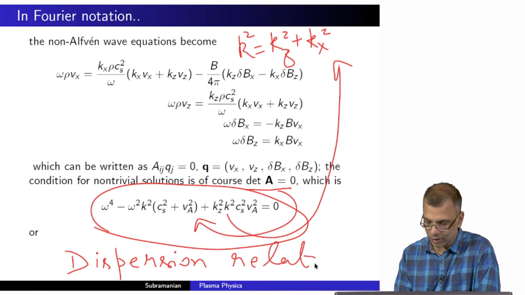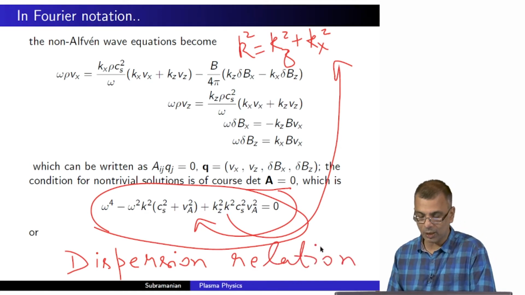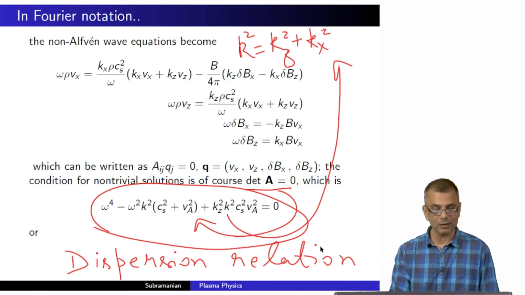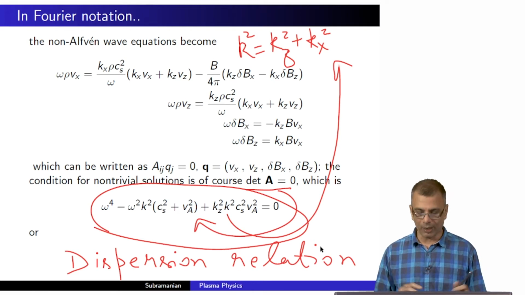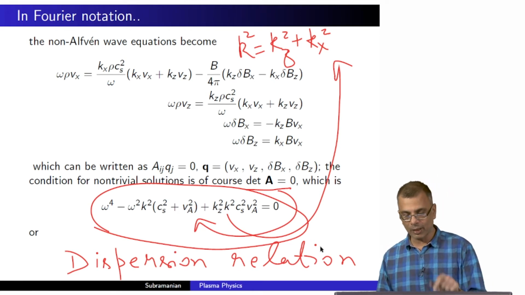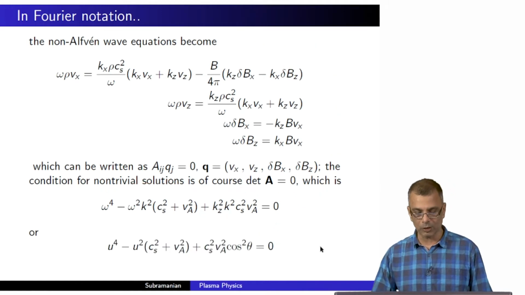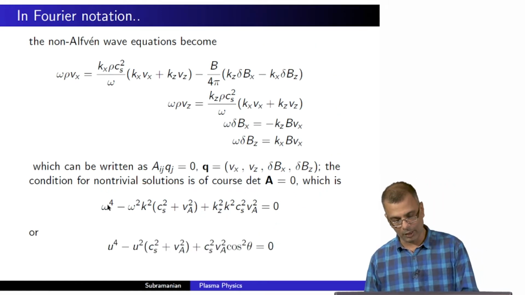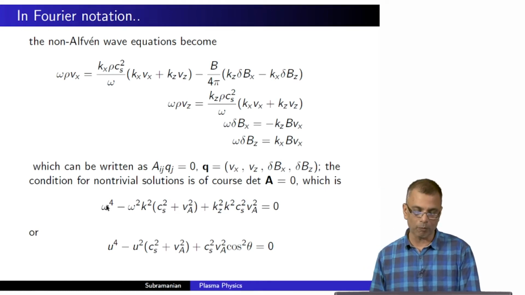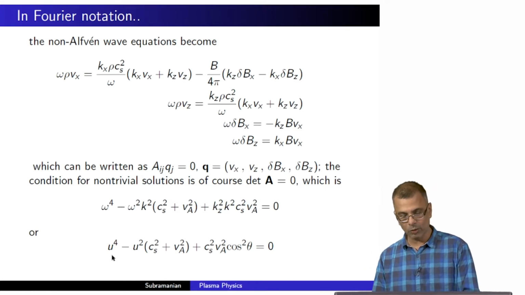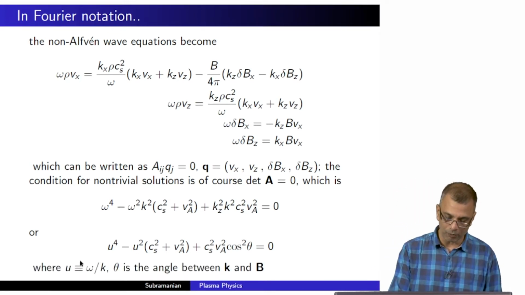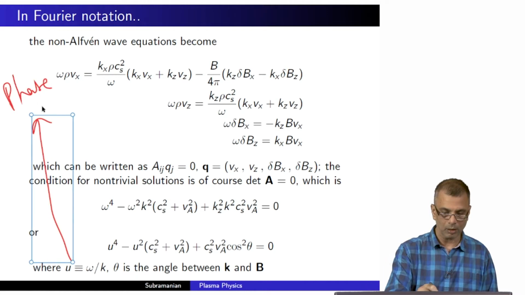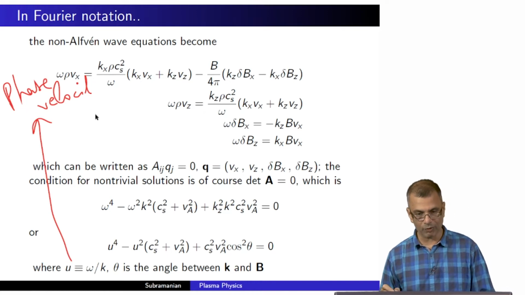Any dispersion relation is a relation between omega and k, like the ones we saw earlier, just a little more complicated, that's all. Anyhow, let's now look at the properties of this dispersion relation. Instead of writing it as a function of both omega and k, you can choose to write it in this form, where u over k is just the phase velocity.